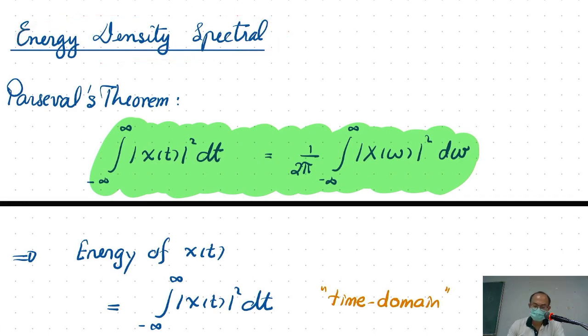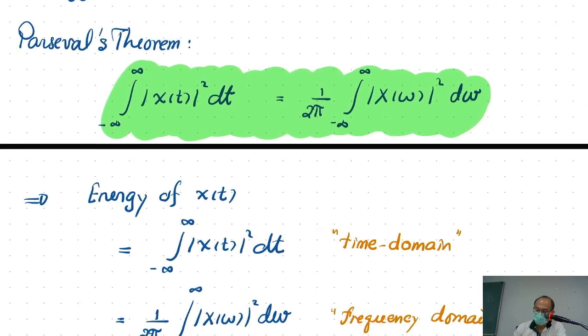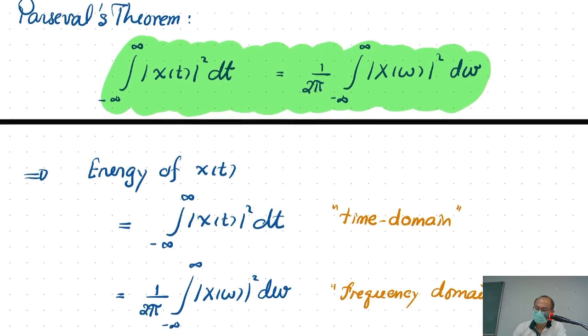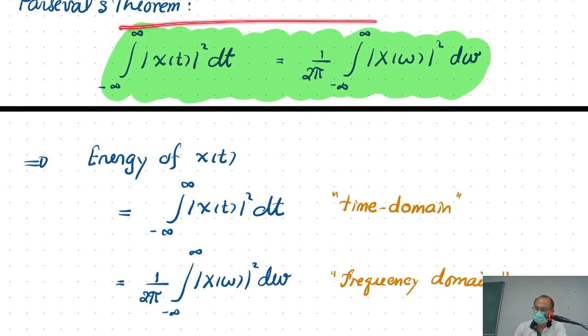The concept of energy spectral density is based on Parseval's theorem, and Parseval's theorem states that the area under the magnitude square of the time domain signal is equal to the area of the magnitude square of the spectrum of the same signal divided by 2 pi. This equation is called Parseval's theorem.